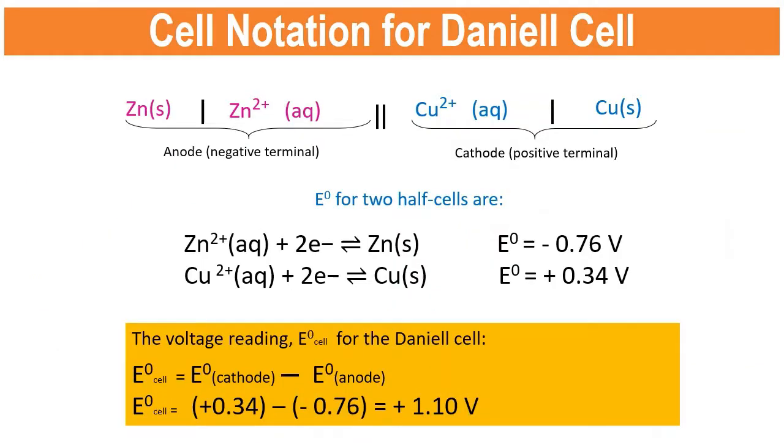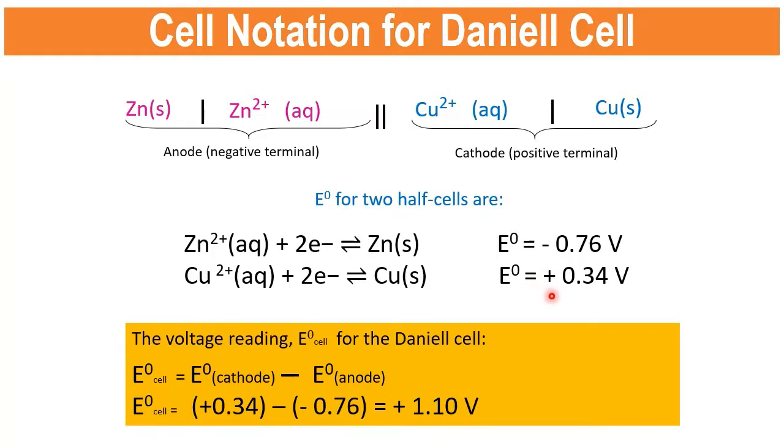Now let us discuss how to use this cell notation. From this cell notation, we can see that the electrodes involved are zinc and copper. Zinc is more negative, while the E naught value of copper is more positive.